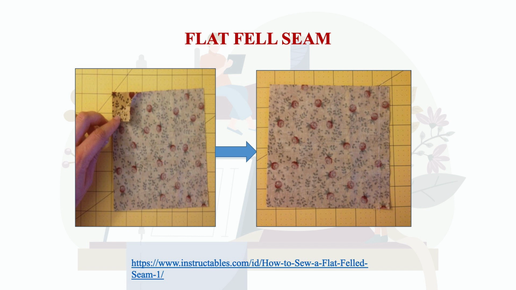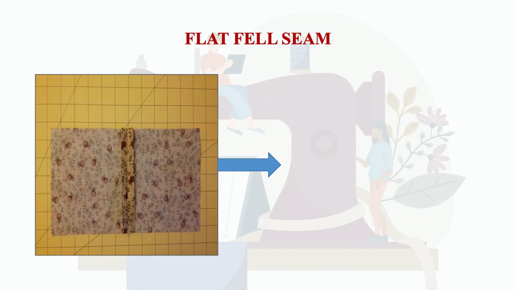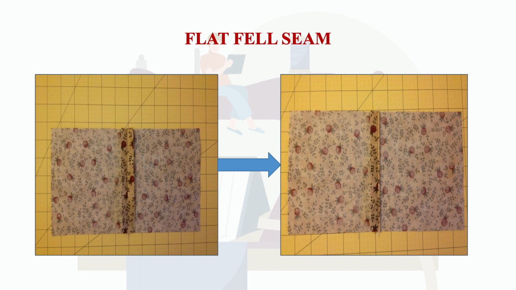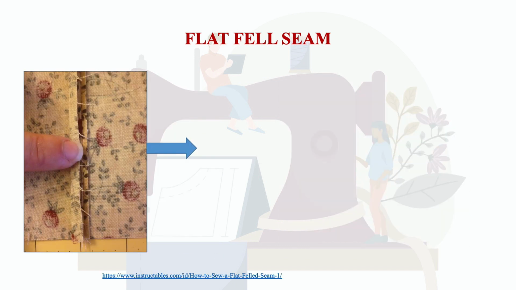Then we flatten the fabric together like this, and then we cut one seam allowance and fold it over the other. Then we fold like this and do stitching on this particular edge. So when we do stitching on the different edge, we get two stitching lines. This is how we do it.